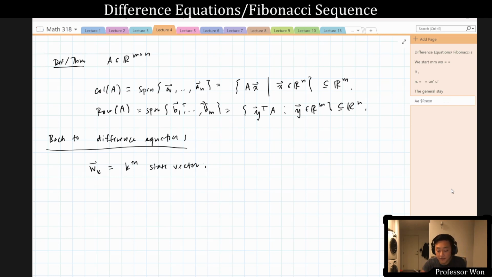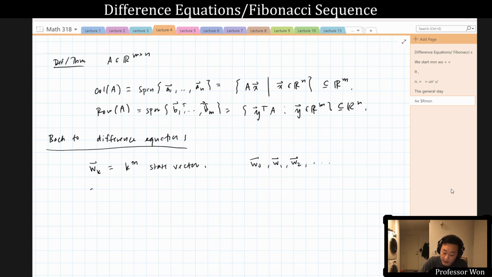So we imagine we have w_0, w_1, w_2, and so on. And these represent some information, like, for example, the kth and the (k+1)st Fibonacci number. But these could track anything, but for our example, they were the kth and the (k+1)st Fibonacci number.